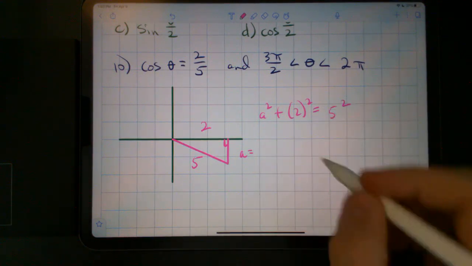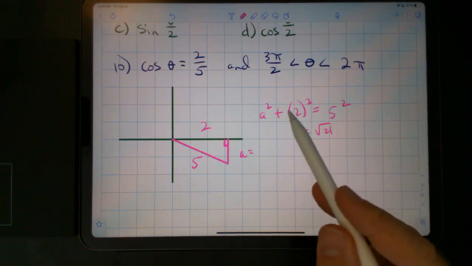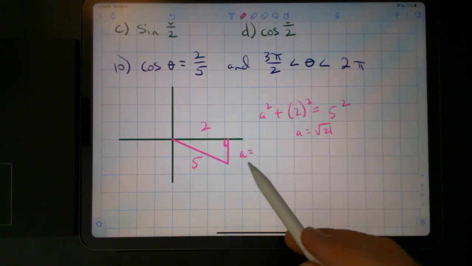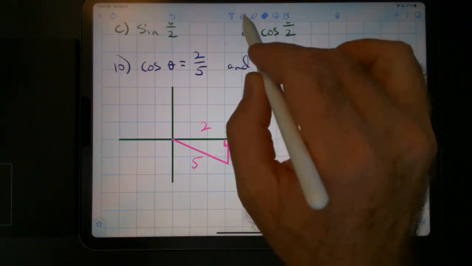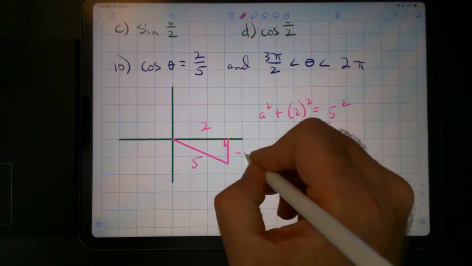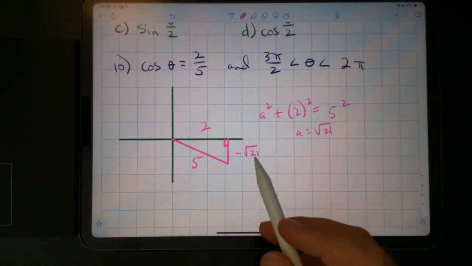So that a is going to be square root of 21. 25 minus 4 is 21. And this will be negative because the y value is negative in quadrant 4. So we have negative radical 21. 21 cannot be simplified. The only products are 3 and 7.